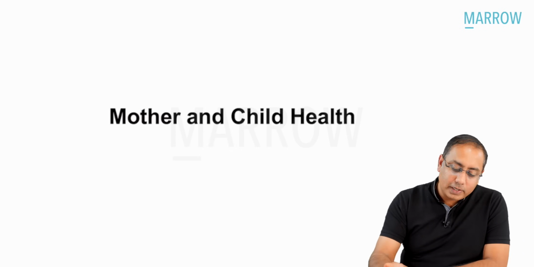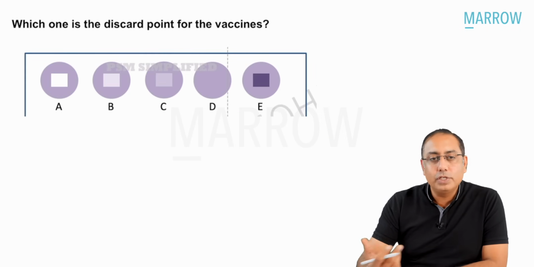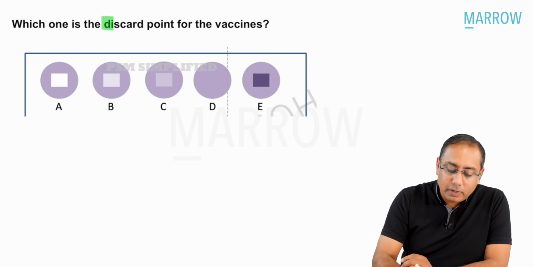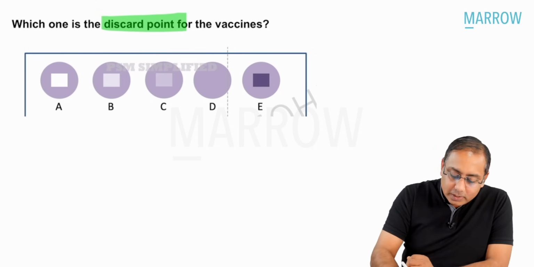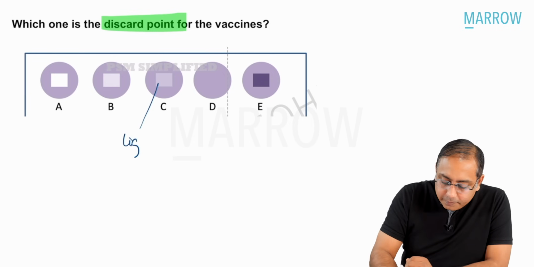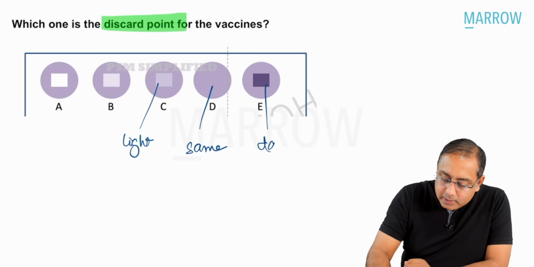Coming to the next 5-star important topic, what are the mother and child health questions or images that you have to know? So what do you see over here? Which one is the discard point for the vaccine? When will you discard? When the square is light in color, or when the square is the same color, or when the square is dark color?